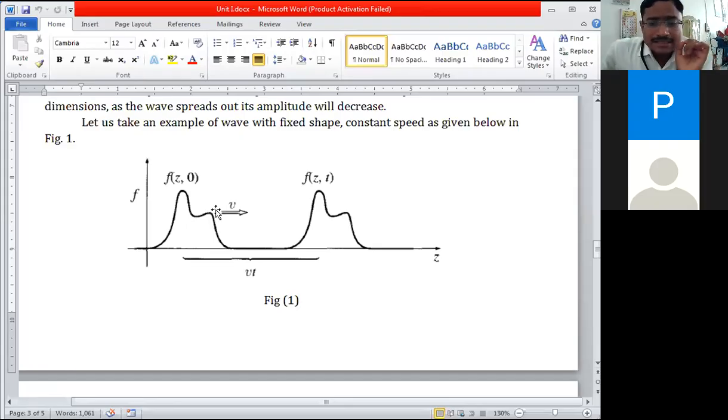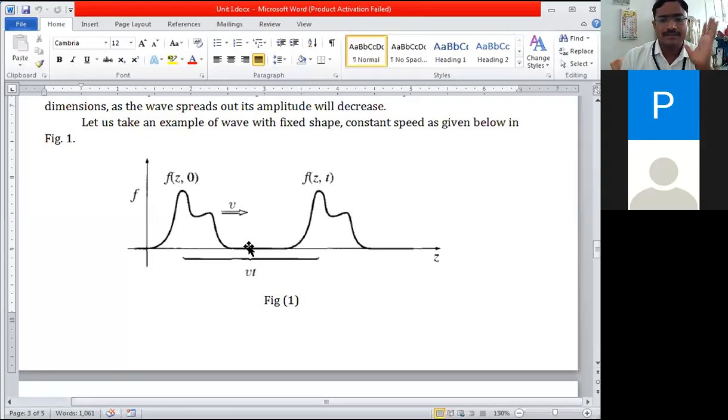Now let us consider a wave. We have seen that a wave is nothing but an oscillating disturbance of the medium. You have a longitudinal wave and you have a transverse wave. When the particles of the medium oscillate in a direction parallel to the direction of propagation of a wave, we call it a longitudinal wave.